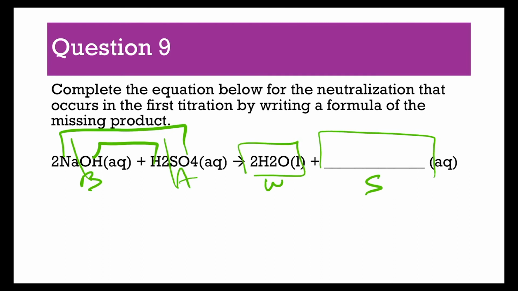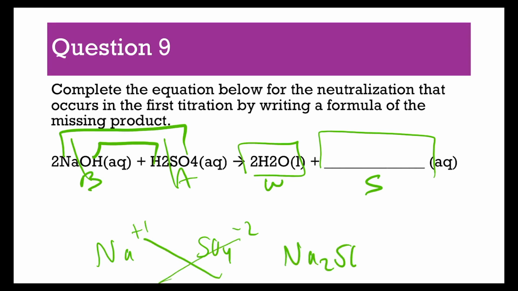So now you have to make something with Na, SO4. Na has a +1 charge. SO4 is a -2 charge. Again, look at table E for polyatomic ions. Crisscross, you get Na2SO4, and that's it. So kind of a review of what we did a few days ago.